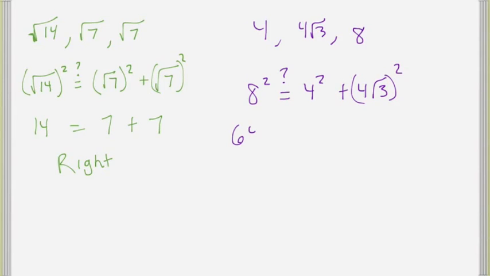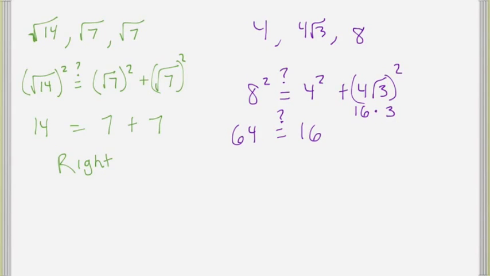8 squared is 64. 4 squared is 16. And what do I do to square that other number? What do I need to do to square 4 square root of 3? Square 4 and square the square root of 3.